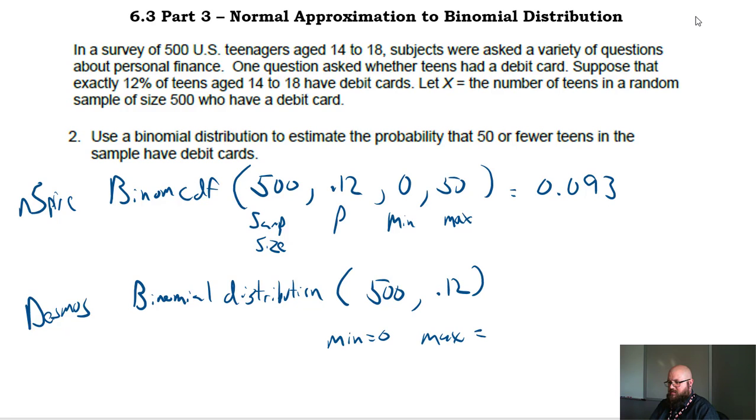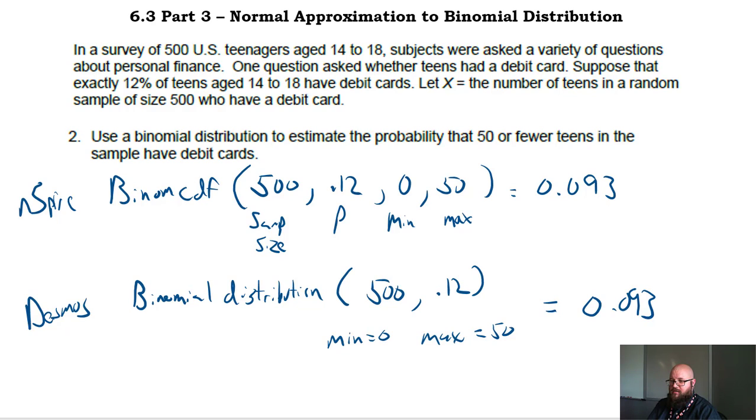Your max was 50, and we still came out to 0.093. Okay, so in other words, the probability that 50 or fewer teens in the sample have credit cards, or debit cards, sorry. So there's a 9.3% chance that 50 or fewer teens in the sample have debit cards. Okay.